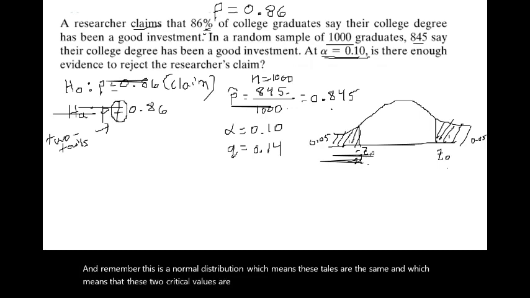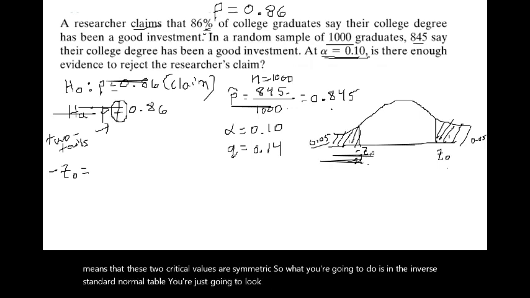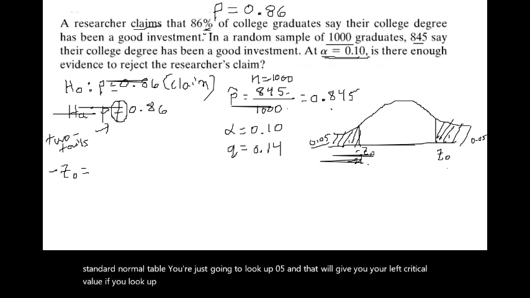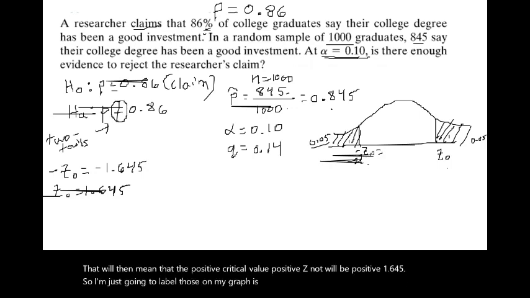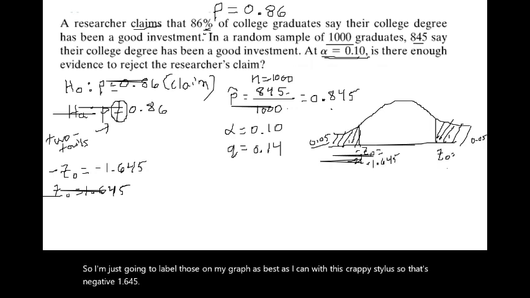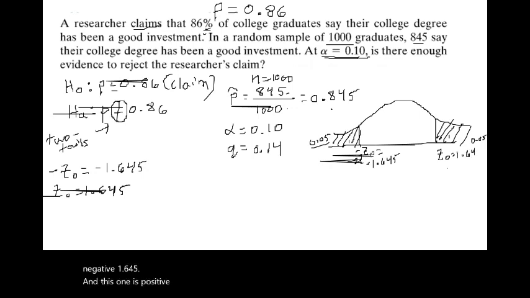In the inverse standard normal table, you look up 0.05, and that gives your left critical value of negative 1.645. That means the positive critical value is positive 1.645. I'll label those on my graph: negative 1.645 and positive 1.645.